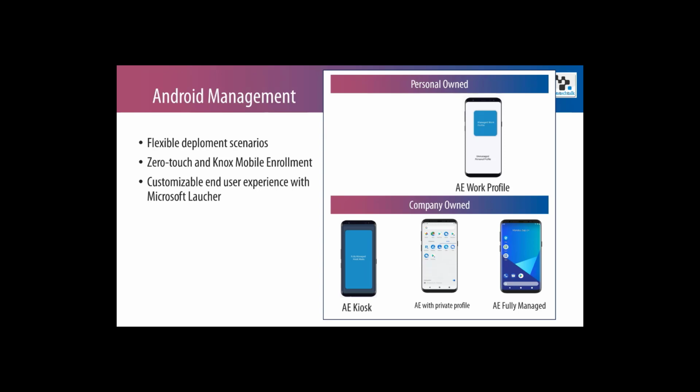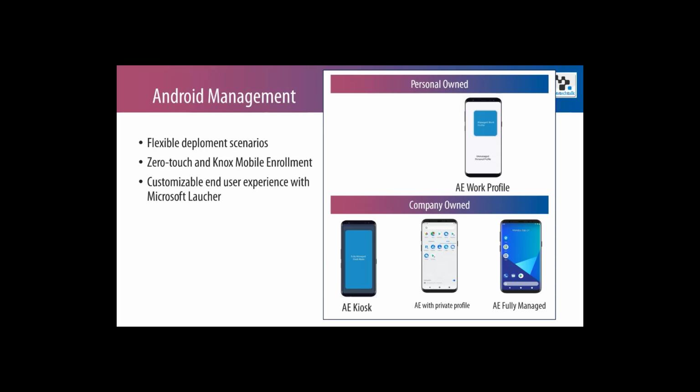If you have company-owned devices, the devices that you get from a company, you will get, I can say, 2 different scenarios. Android Enterprise kiosk is not familiar for everyone, it can be used for scanners, for some public function in your organization, so I will not focus on kiosk.